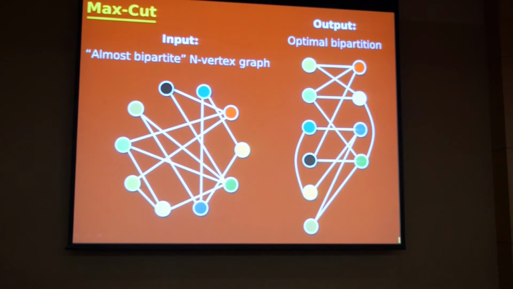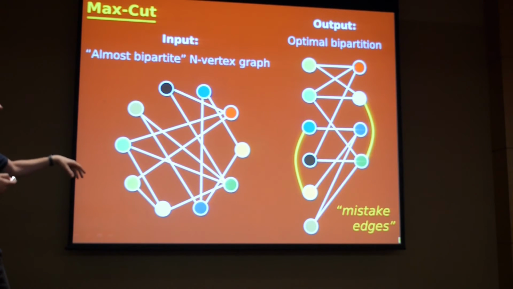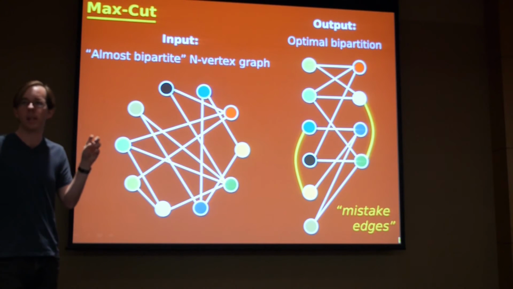If you just move the vertices so they look like this, sorry I was unable to animate the edges, but these are actually the same graph, and you make a bipartition, you see it's almost bipartite, except for these two yellow edges, which I'll call mistake edges. All of the edges go between the two parts. And the task in max cut is, given the graph, find the bipartition which has the fewest mistake edges.